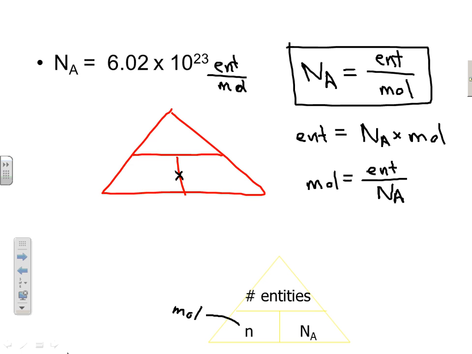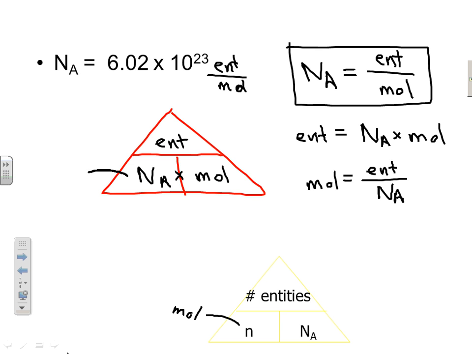Does that sound familiar? So if you've got a version that looks like my top one, entities divided by moles means I can put entities divided by moles. Notice here, entities divided by Na. And then notice here, these are multiplied together.